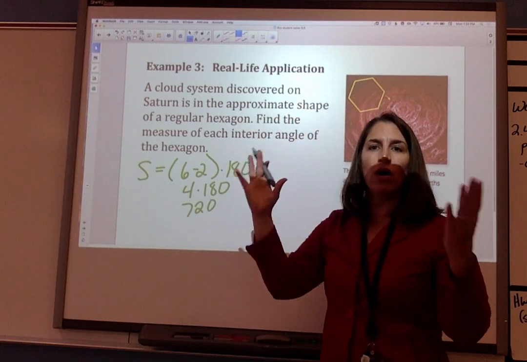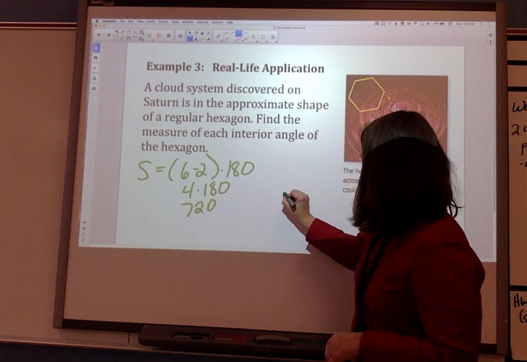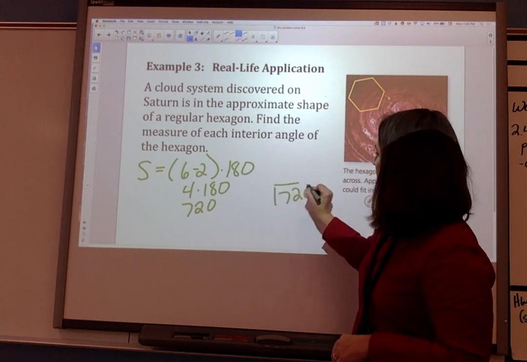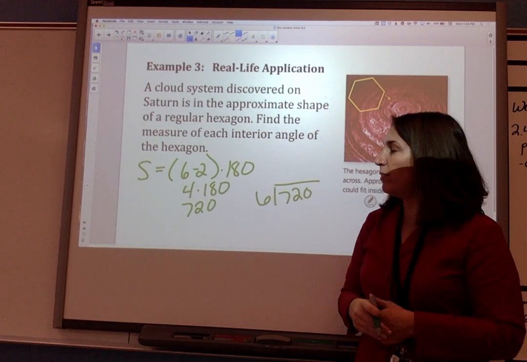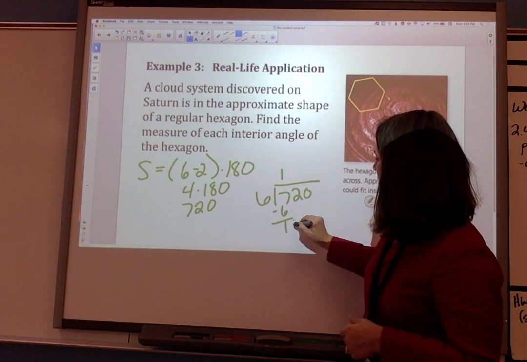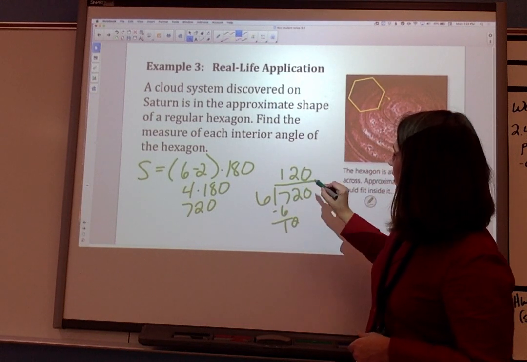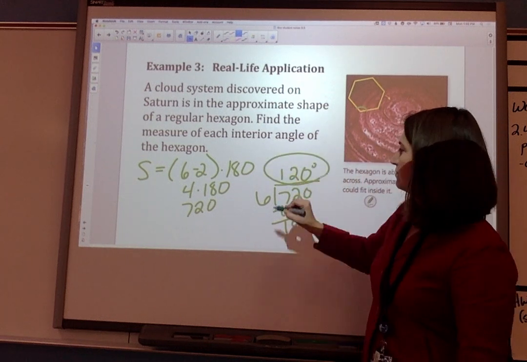So the total, all of the angles together add up to 720. And now we'll just take 720 and divide by 6 because we know they all have the same measure. So 6 goes into 7 once. All right, so each of these angles is 120 degrees.